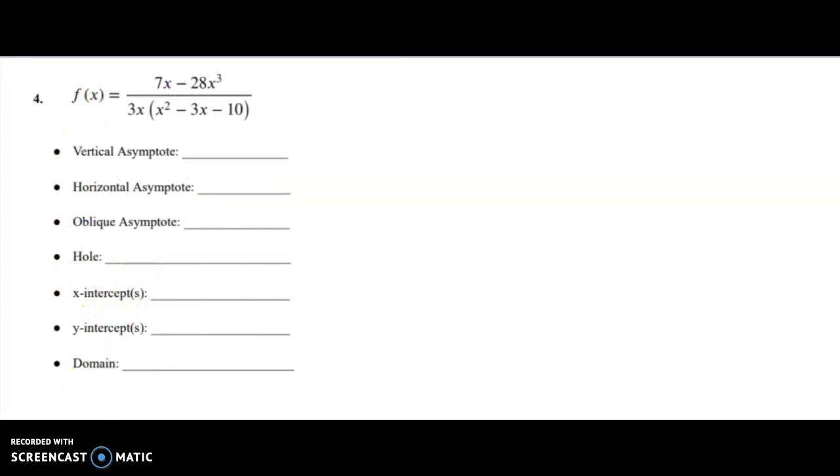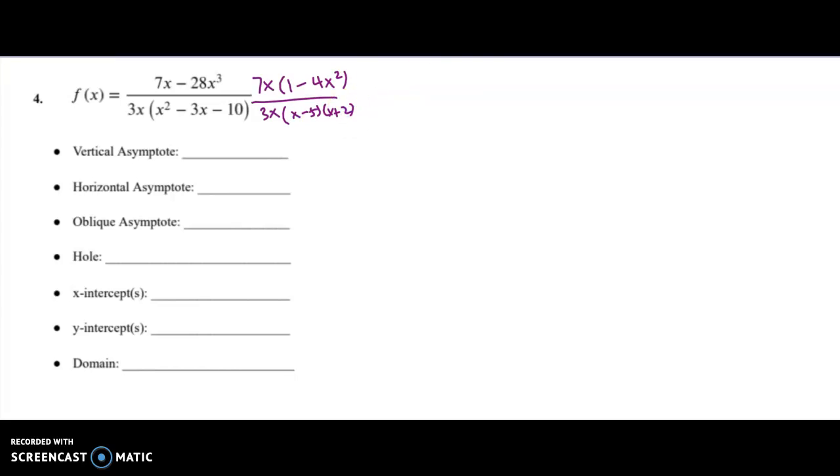And let's look at this last one here. In the numerator, I'm going to factor. So that's going to be 7x times 1 minus 4x squared. And down here, this factors to x minus 5 and x plus 2.